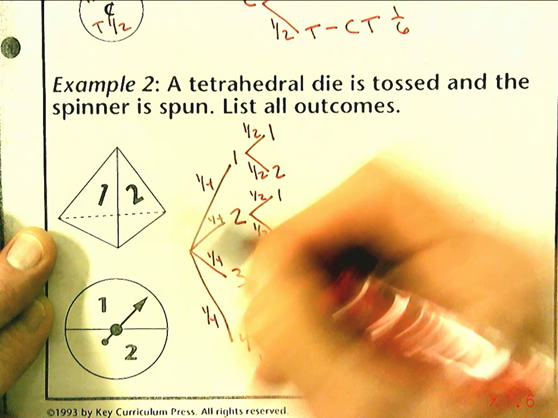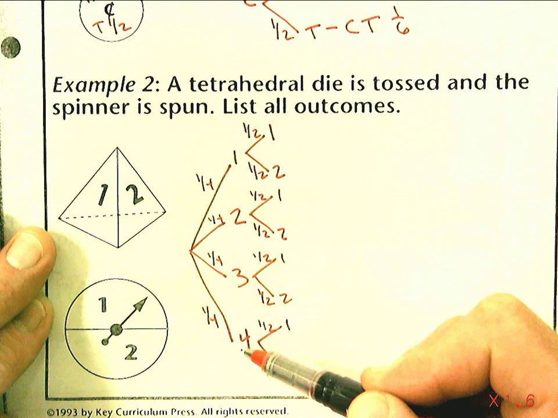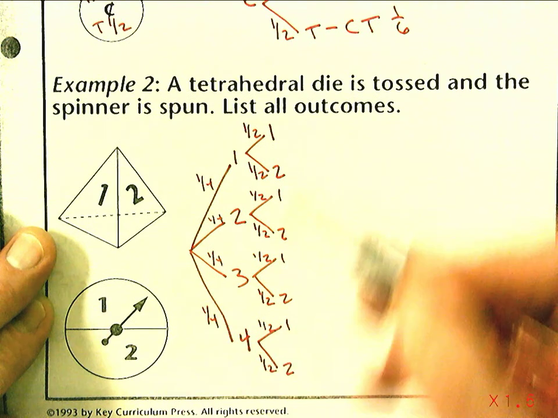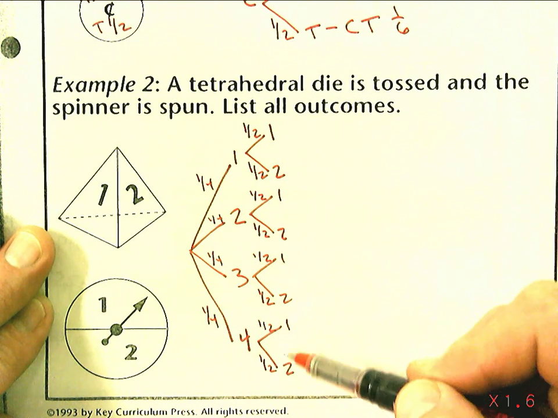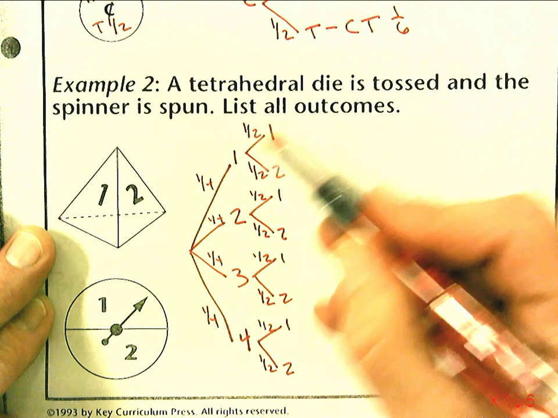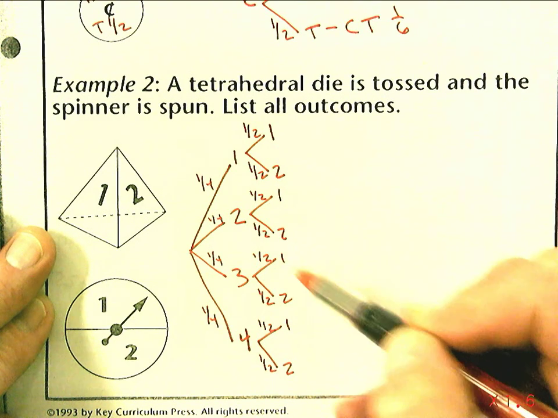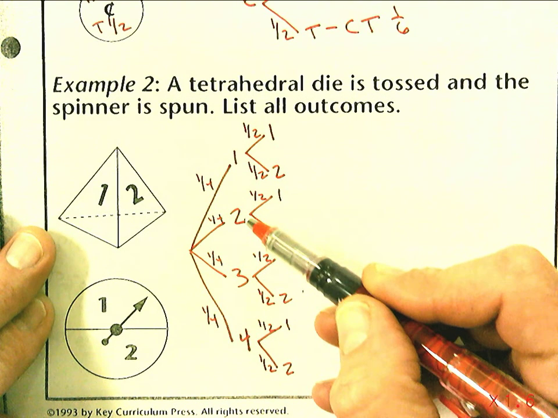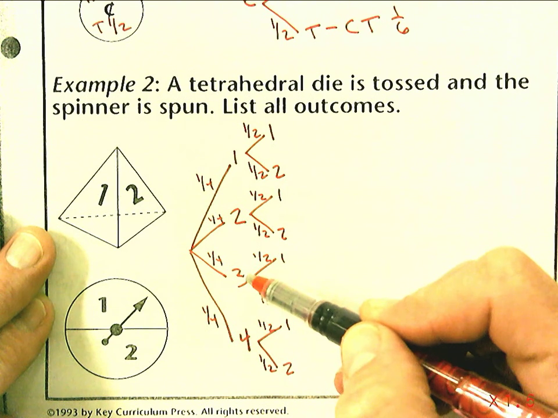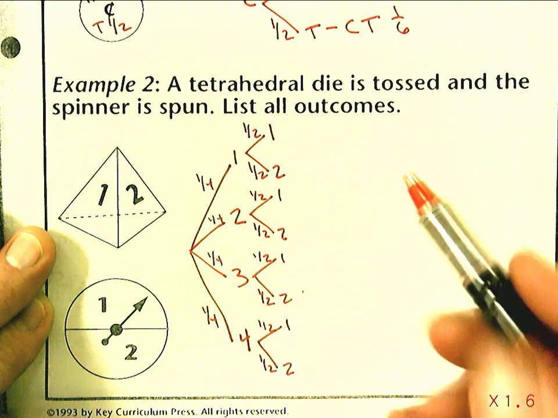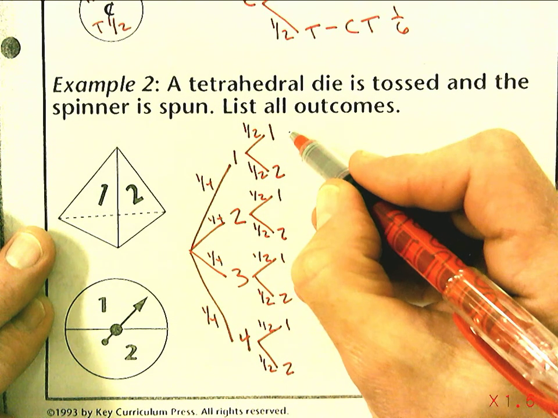So the first event becomes the first set of outcomes. The second event becomes the second set of outcomes. Each branch has to have this second set of outcomes because each one of them could happen after the first event. So I'm going to just list all the possible outcomes now.